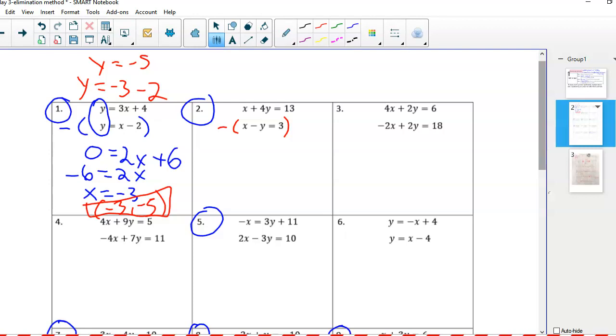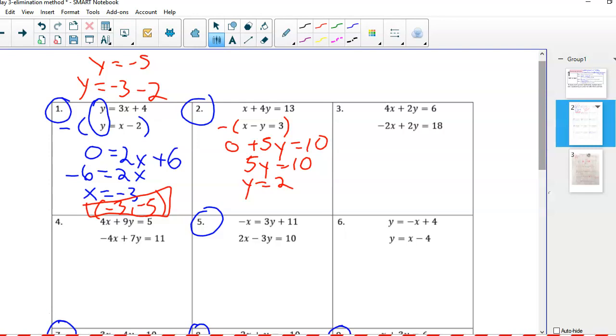Now you're not always going to subtract, so I don't want you to think that. x minus x will give us 0. 4y minus negative y is 5y. 13 minus 3 is 10. Well, we don't really need that 0, so you can drop it. What is y? 2.